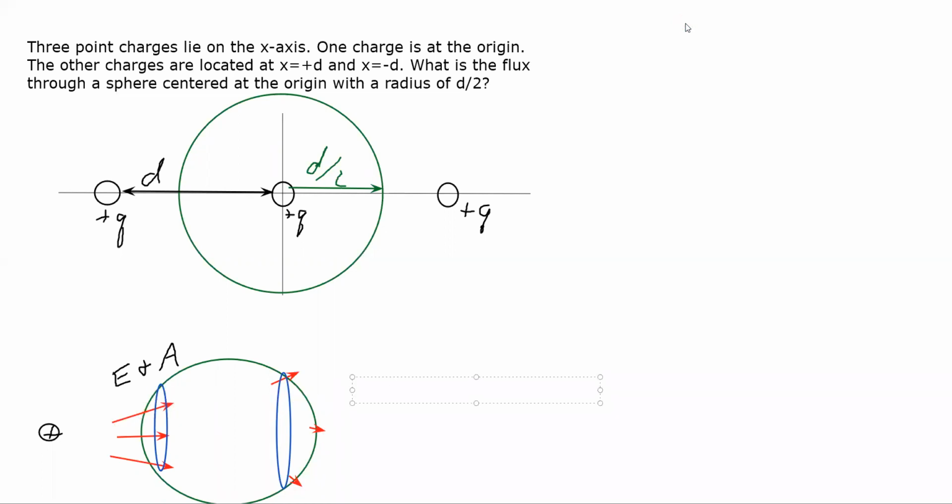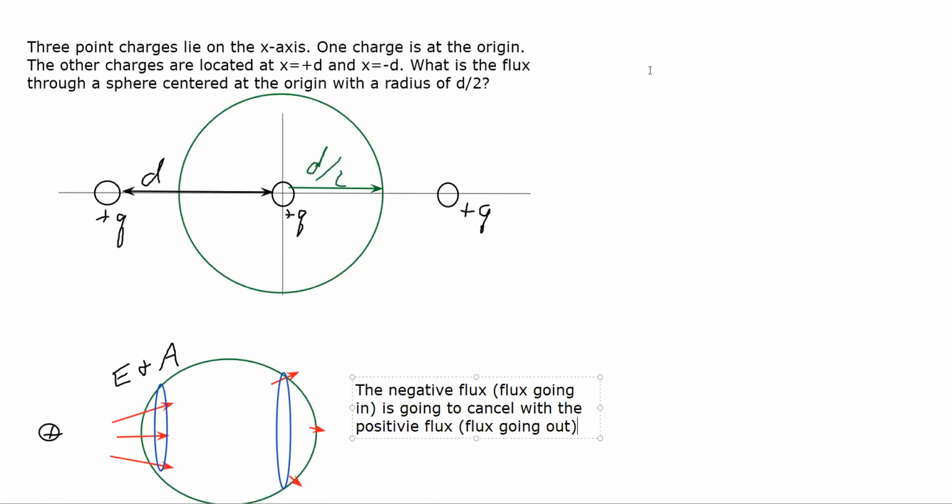What we see is that the negative flux here, which is coming from the flux going in, is going to cancel with the positive flux, and that's a flux going out. Okay.